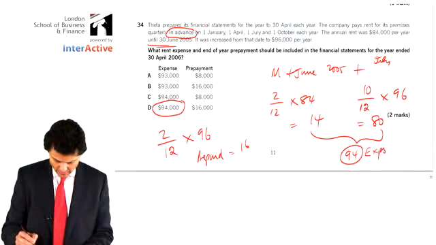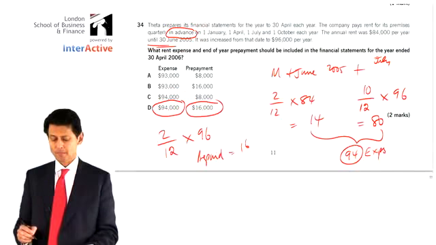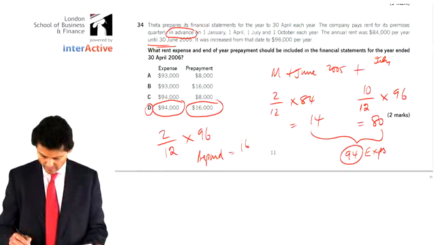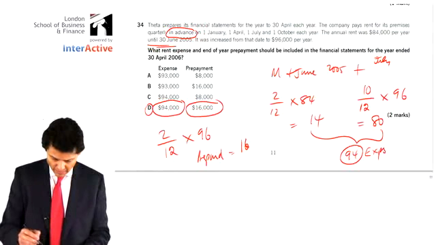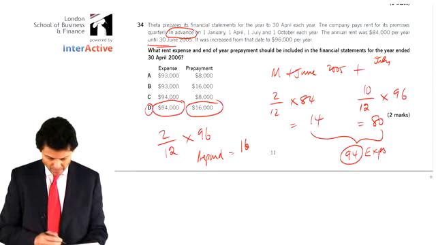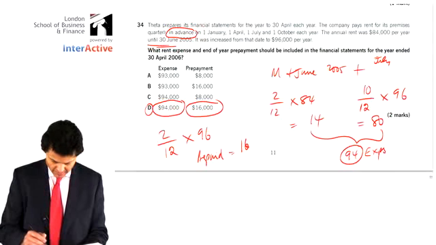This time it's going to be, this one's a lot better. Now we're talking. So 16 is the prepaid. Now the months that we're dealing with here, this is the months of May and June 2006.